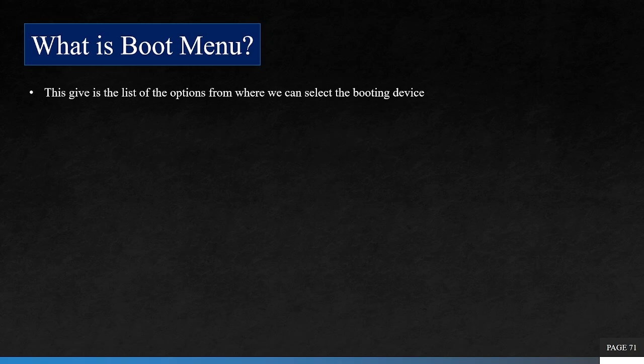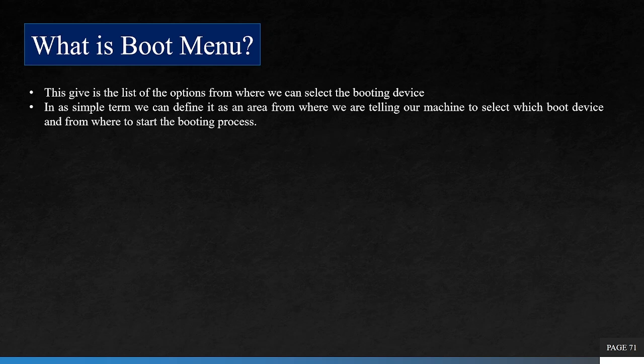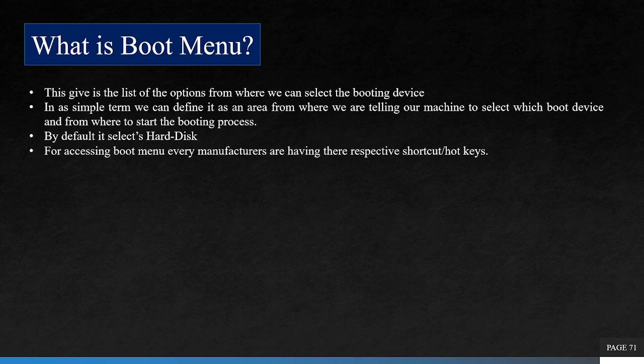From where we select our booting device, it gives us lots of options. We are simply talking to our machine and letting it know, hey, look, from here you have to start your booting process. These are the devices which are involved in the booting process. By default, the boot menu selects the hard disk for its process.